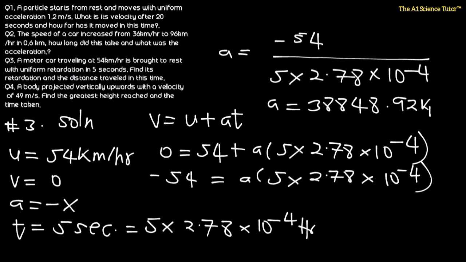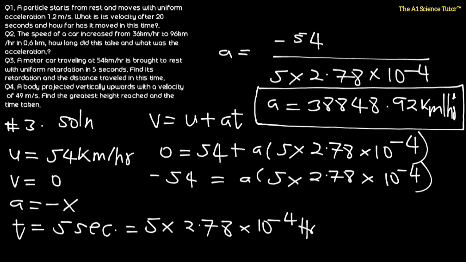Now you know that this should be kilometer per hour squared. So that is going to be the unit of acceleration in this situation. Well, this is actually the numerical value, 38,848.92 kilometer per hour squared. That is the acceleration, or I should rather say retardation. So this is actually supposed to have a negative. I should just place a negative there in front of the value.